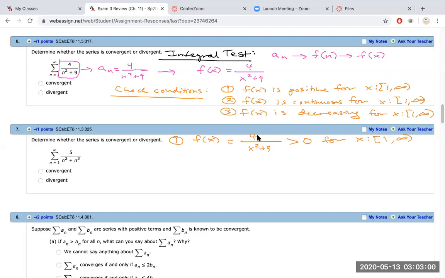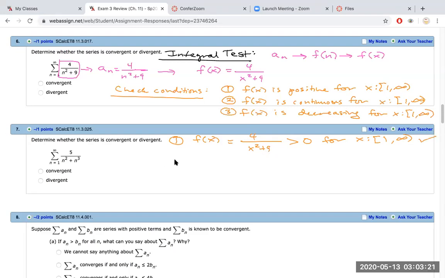The reason for that, kind of think 4 is positive, right, all the time. So in order to have your function be positive all the time, you need the denominator to be positive as well. X squared is always positive. And if you add 9 to that, just gets more positive, okay?